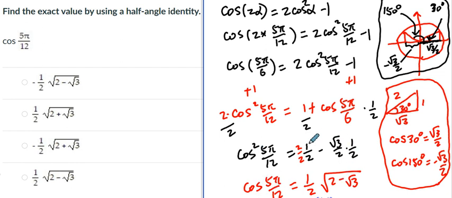Let's see how the right hand side works. You want to add 1/2 and 1/2 times negative radical 3 over 2 together. Here, 1/2 is multiplied by 2 over 2, because you want to make the denominators the same.